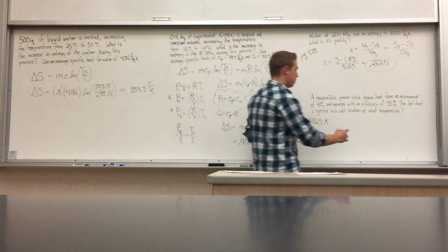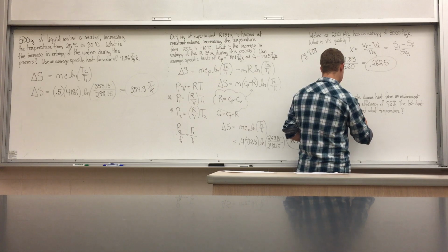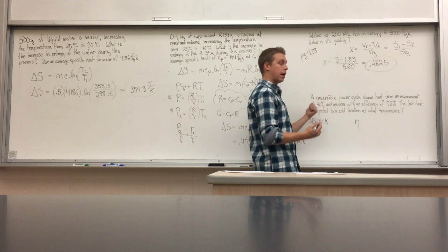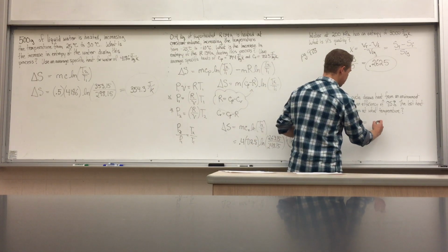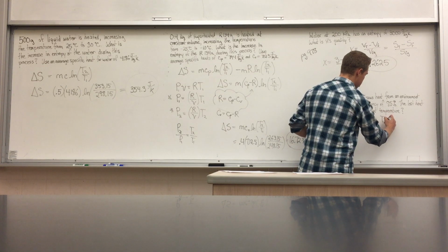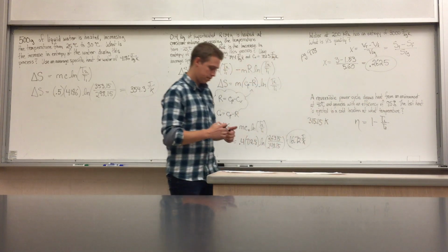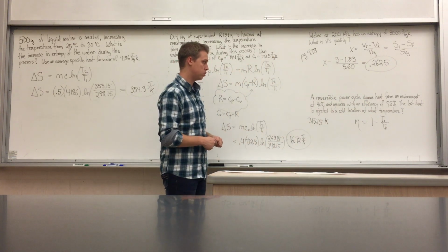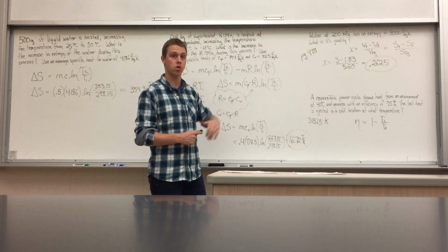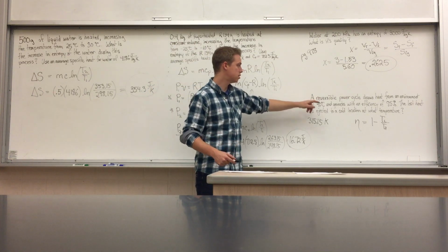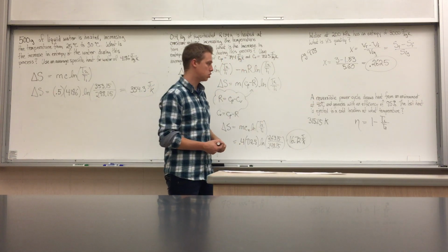And we'll remember our efficiency formula. So this is a reversible power cycle. So we have a formula for that. It's 1 minus T low over T high. If you need to refresh your memory on that, you can do so. That's simply our efficiency formula for reversible processes written in terms of the temperatures.